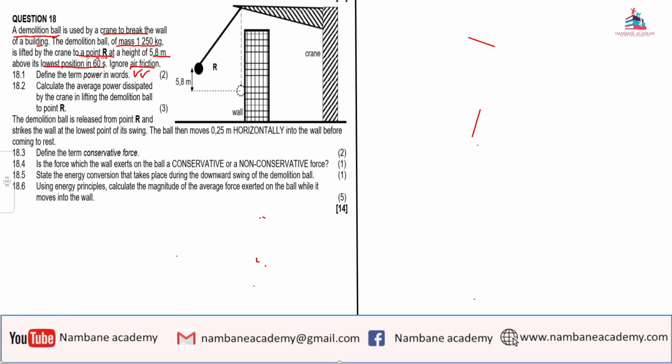You must calculate work first because you are not given any work anywhere. Even though the equation says, at 18.2, P is equal to W over t, we said W is actually work, or it's actually energy. That is what we said.